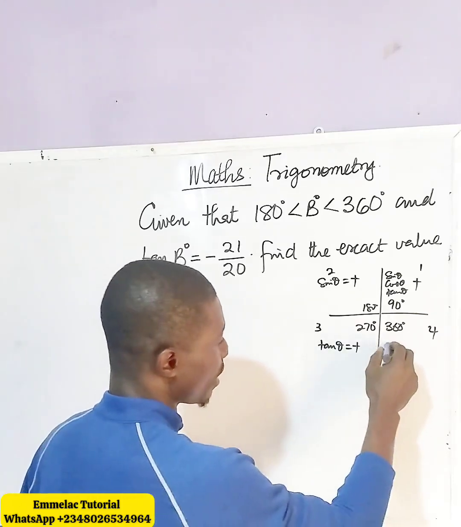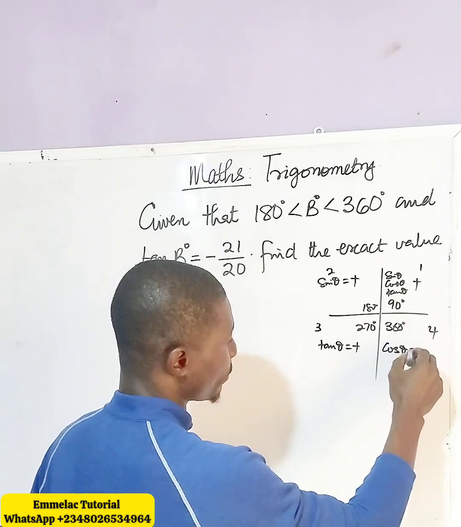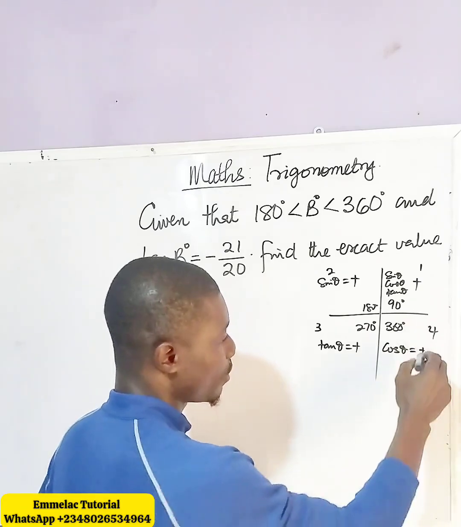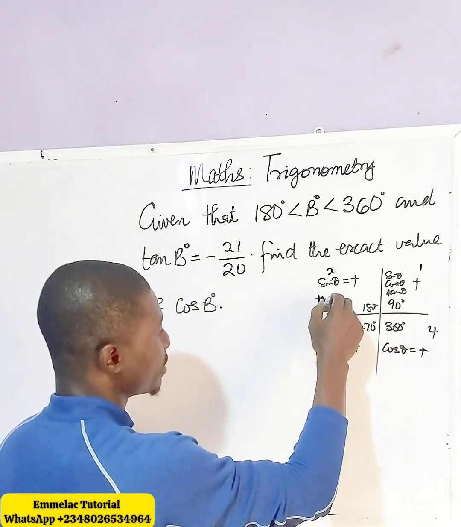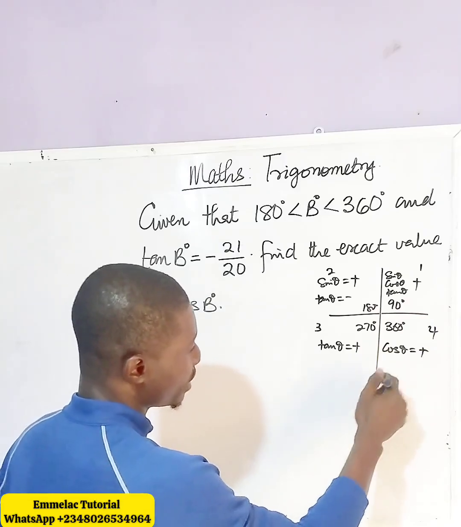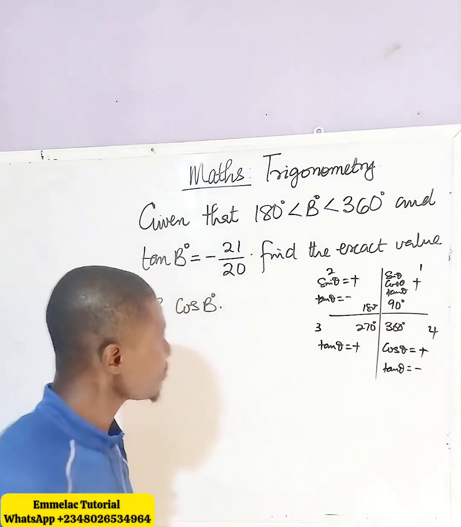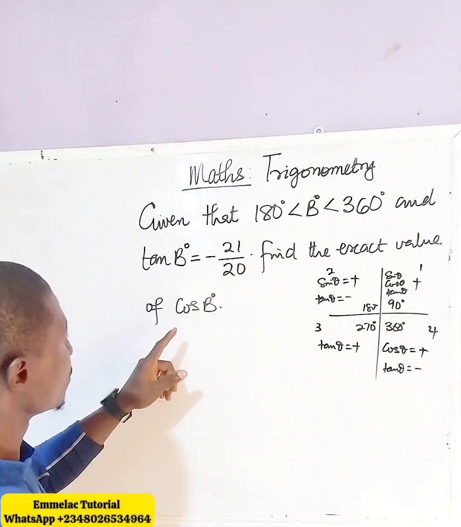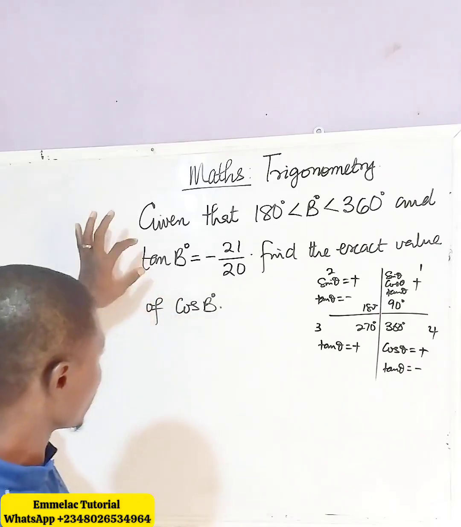Then at this point, cos theta is positive. So let me put here that tan theta here is negative, then here is positive, then here is negative. All right, so we are looking at this.